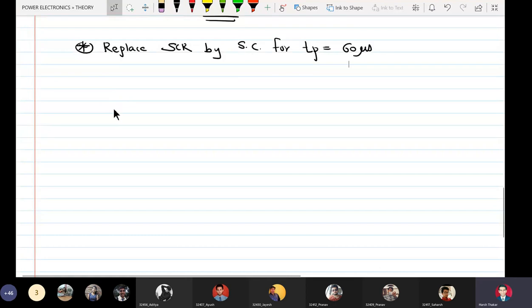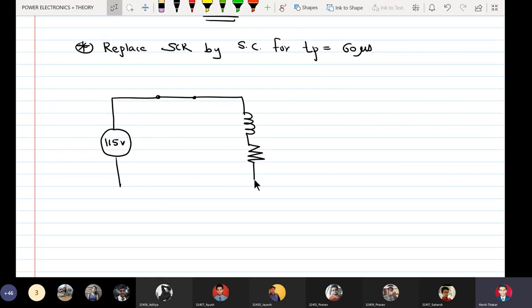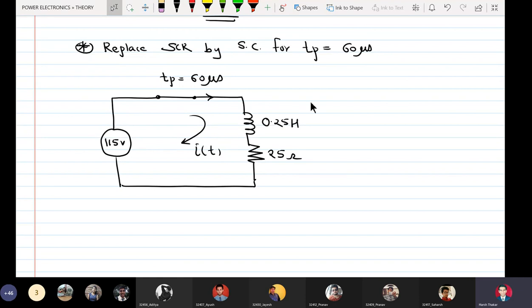This is how we redraw it. The current flowing through the circuit will be i of t.